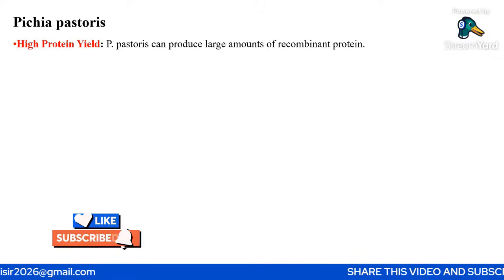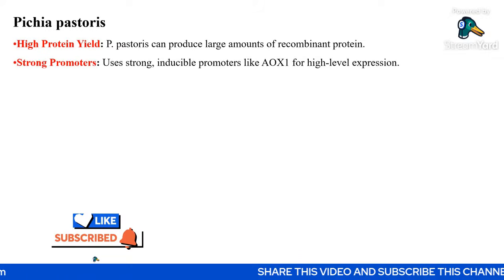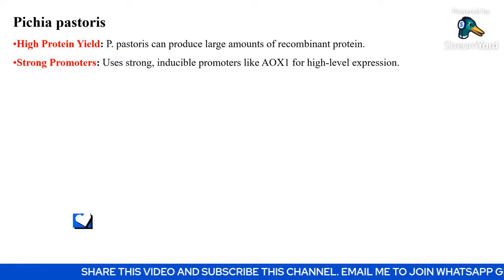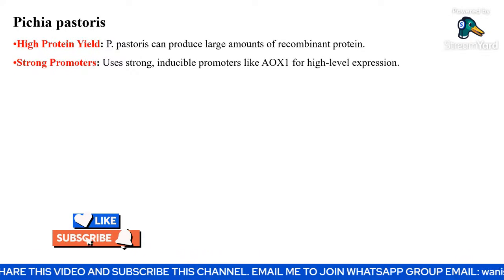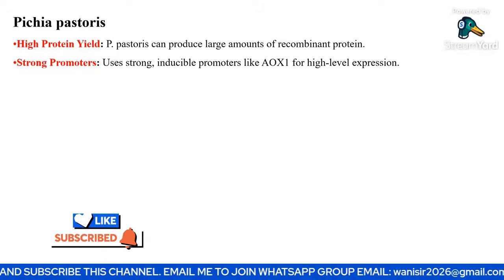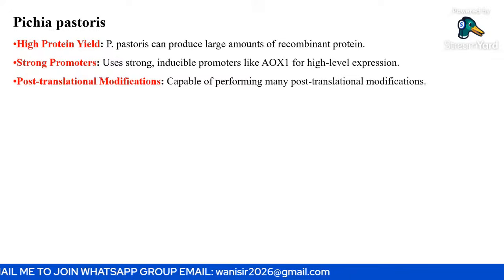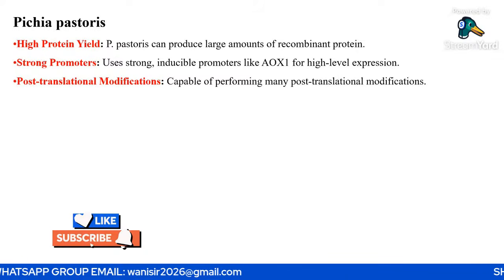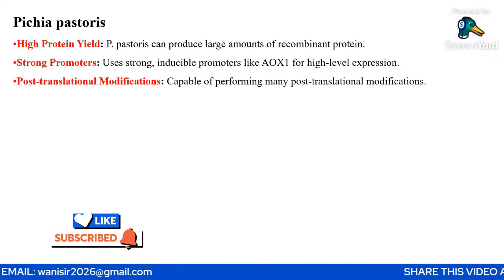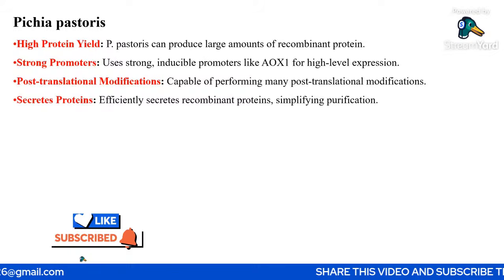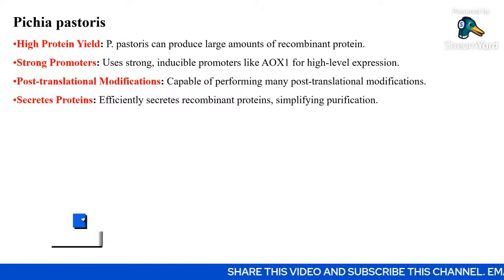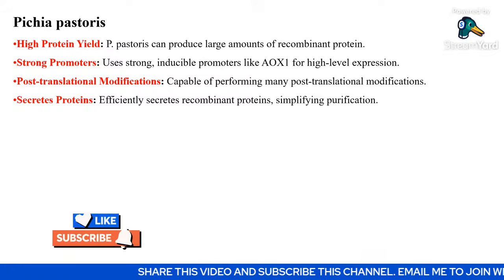It can produce large amounts of recombinant proteins, using a strong inducible promoter like AOX1 for a high level of expression. Why is it used for recombinant proteins? Because it uses a strong promoter. We can perform post-translational modifications in it, and it also efficiently secretes recombinant proteins, simplifying purification.